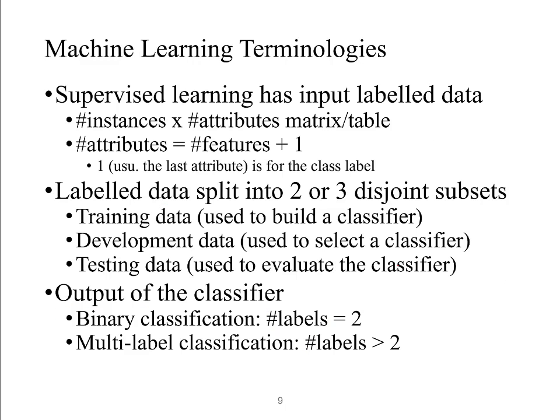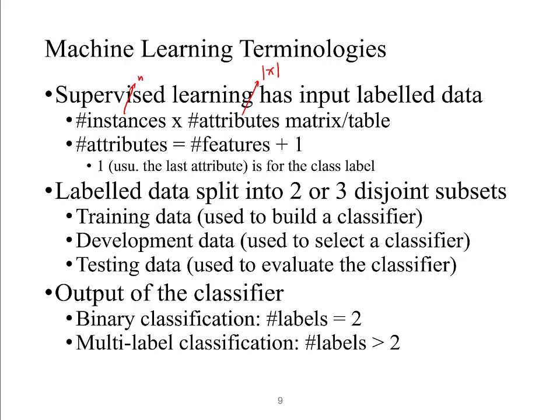All right, so some machine learning terminologies. Supervised learning has input labeled data. The number of instances is the n in the previous slides. The number of attributes is the size of x.